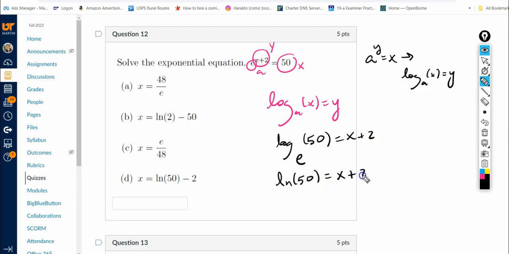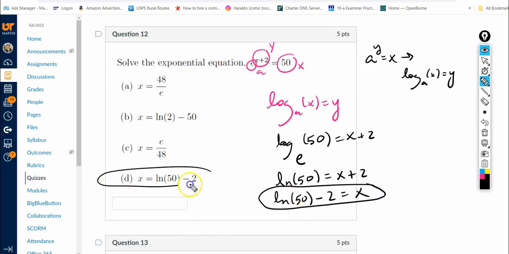Now we need to solve for x, so we're going to subtract 2 from both sides. And so this is my solution for x. That's an exact solution. So my answer is going to be D.